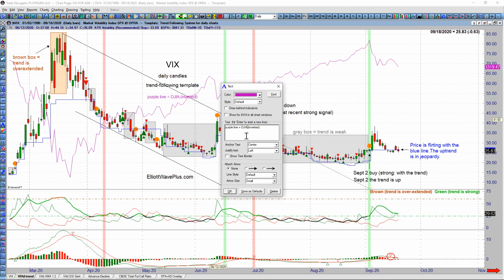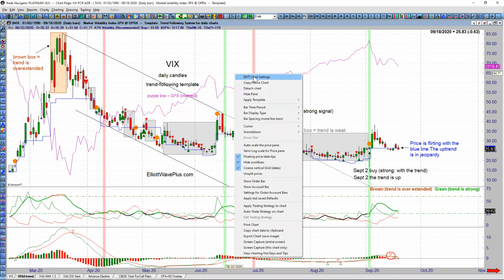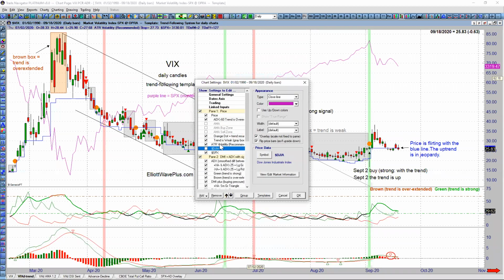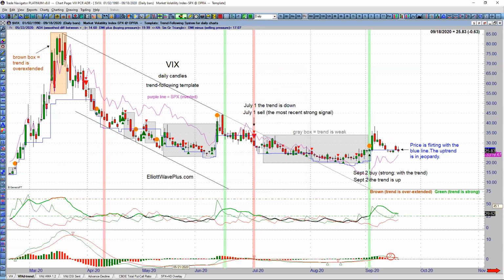Forgot to invert it. So there's the S&P. That is interesting.